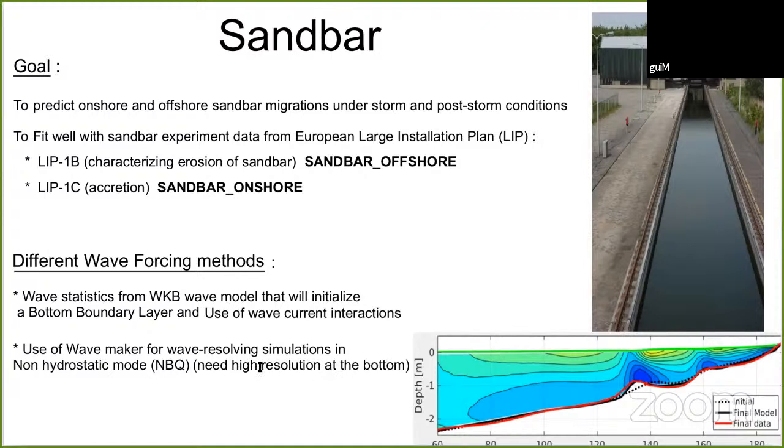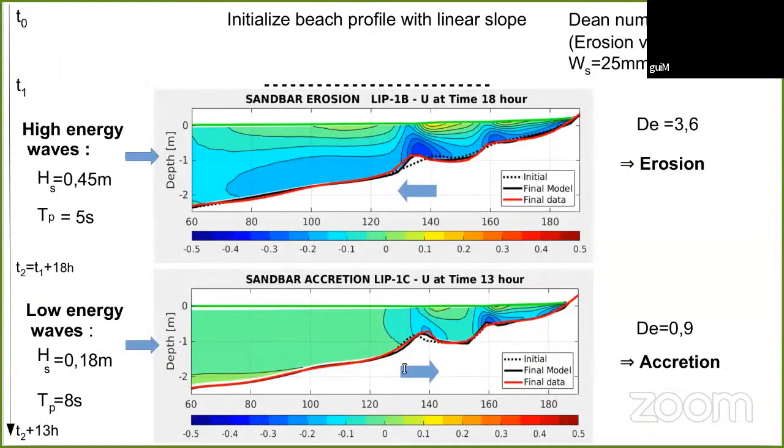The idea here is to resolve very explicitly the velocity at the bottom, but the counterpart is you need a high resolution and a lot of nodes, a lot of processes. So it depends on your computer. In this case, I talk only about the wave statistics.